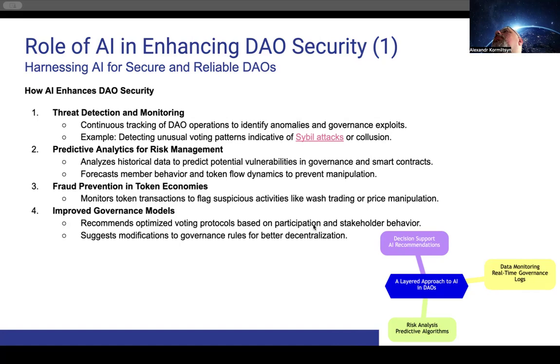So here's a little figure summing this up at the bottom right. We have a layered approach to AI in DAOs. On the one hand side, decision support with AI recommendations, then data monitoring, real-time governance logs, and here this risk analysis, predictive governance.